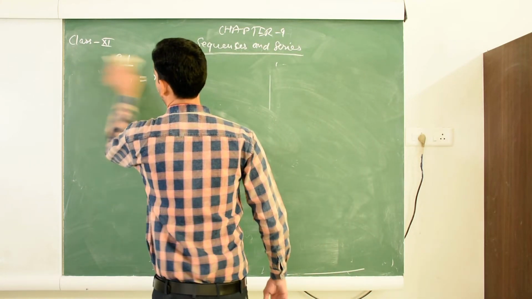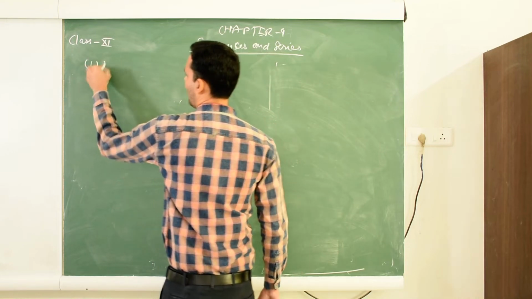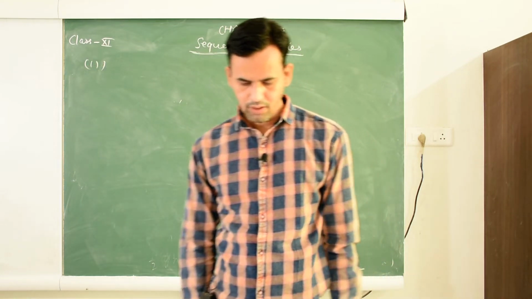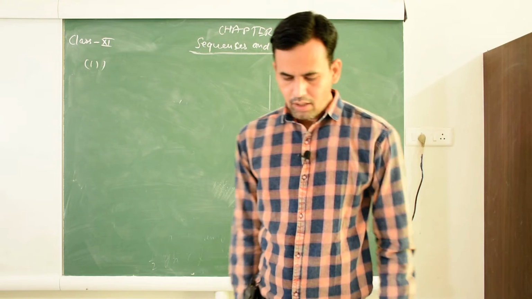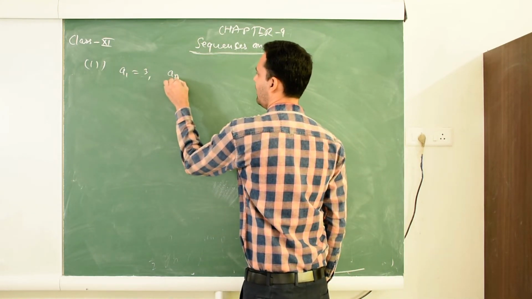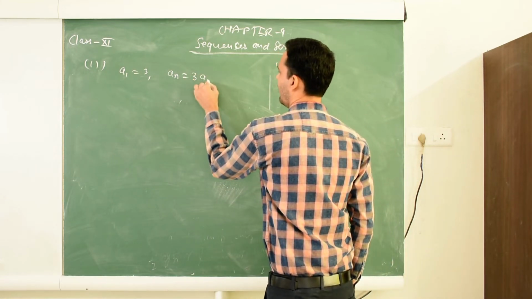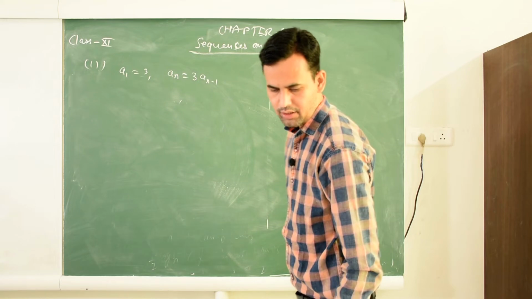Now question number 11 of exercise 9.1. Find the first 5 terms of the sequence, where a1 is given as 3 and an equals 3 a(n minus 1) plus 2.